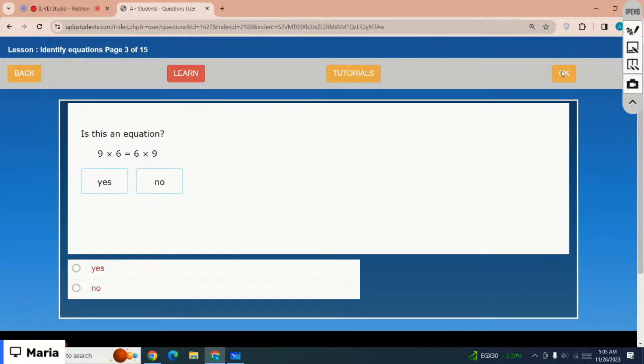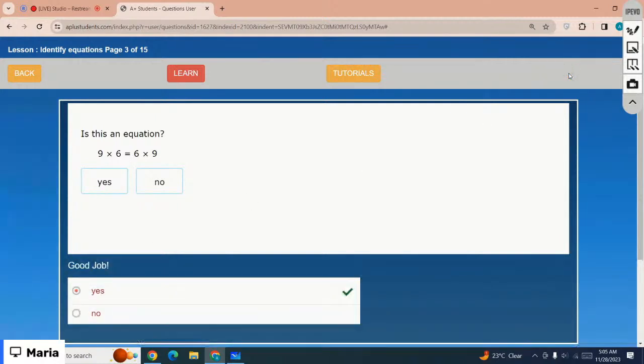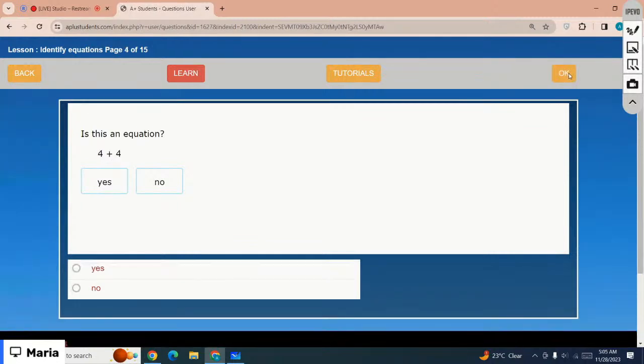Is this an equation, 9 times 6 equals 6 times 9? The correct option is yes, it is an equation, right? 9 times 6 equals 6 times 9. So yes, that is an equation. Is this an equation, 4 plus 4?